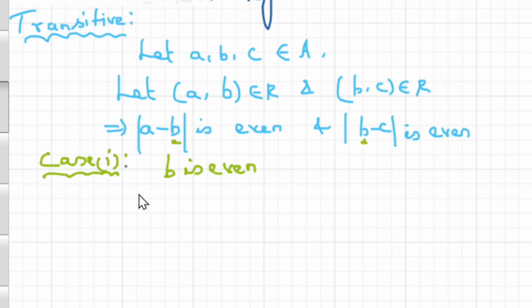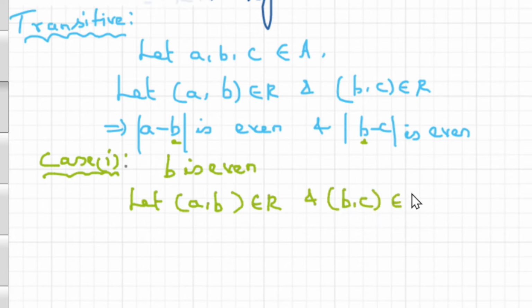Let us consider (a, b) belongs to R and (b, c) belongs to R. Since b is even, (a, b) belongs to R means |a - b| is even. And like that, |b - c| is even.